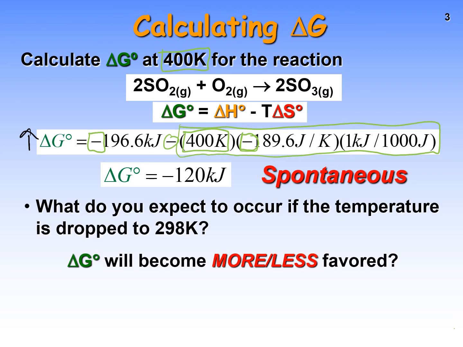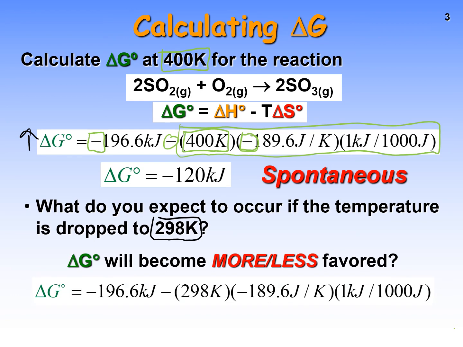So if we think about this, what will be delta G for 298 instead? Will it be more or less favored, right? So in other words, is our reaction more or less spontaneous? Well, we can do that calculation pretty easily, right? All we got to do now is, instead of putting 400 Kelvin here, we just put 298, and that's it.